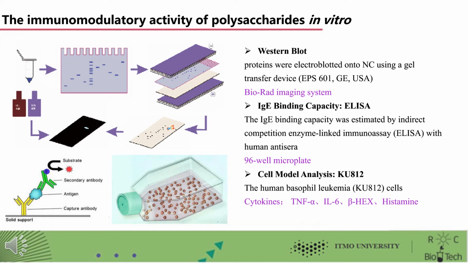Next, I will introduce the effect on sensitization. We know food allergy is a type 1 allergic reaction mediated by IgE. IgE and basophils are an important component of the allergic responses in type 1 allergic reactions.